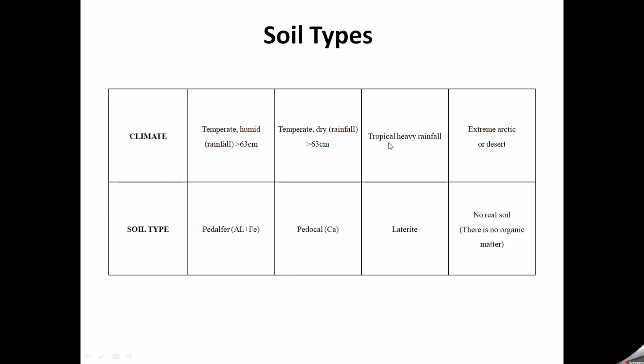If it's a tropical, heavy rainfall climate, we'll have laterite, which is very rich in iron and aluminum. And if it's extreme Arctic or desert, no real soil, because there is no organic matter and no moisture. Okay?